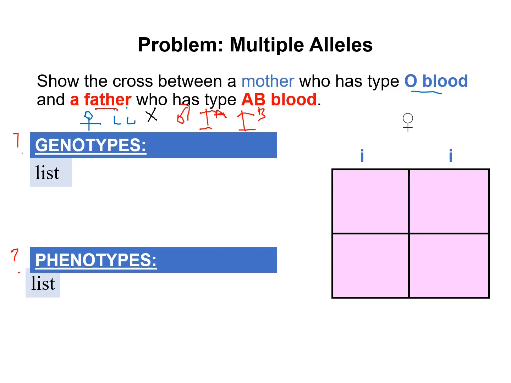Again, the first thing that you have to do is draw your Punnett square. Here I already drew for you the symbol of the female and her two alleles. Here you can find the male, and here you can find the two alleles for the male. Now you just have to solve the Punnett square, and it shows you a very clear result.